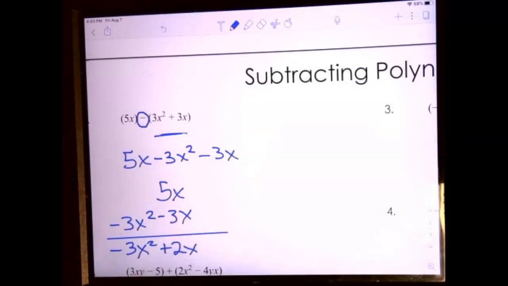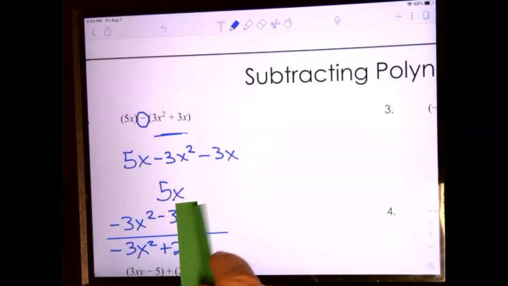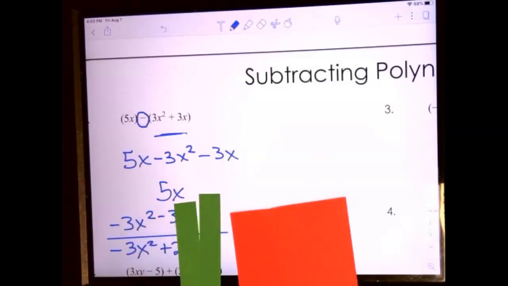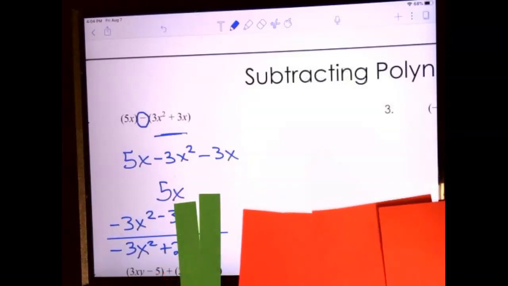Let's make sure we're right. Okay, so I had 2 positive x's, and then I have 3 negative x squareds, and then I have 3 negative x's.